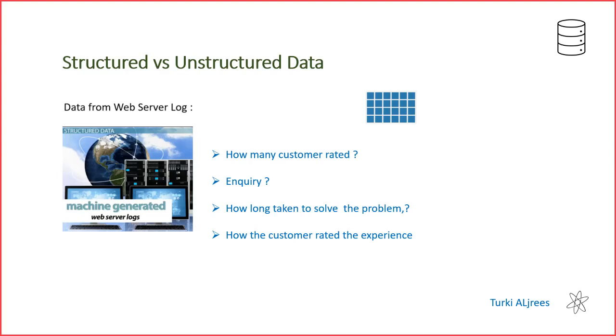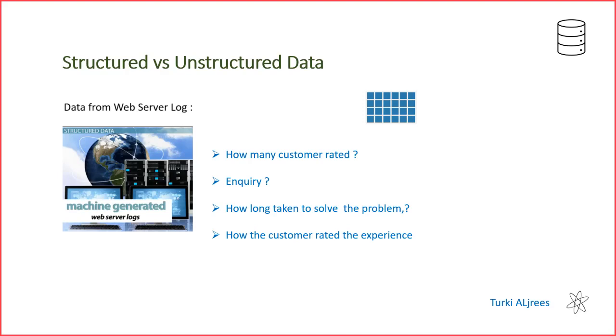If we take this into detail, we can see some examples of what we expect to see in a web server. For example, data can be saved by the machine on this server, such as how many customers rated our product.